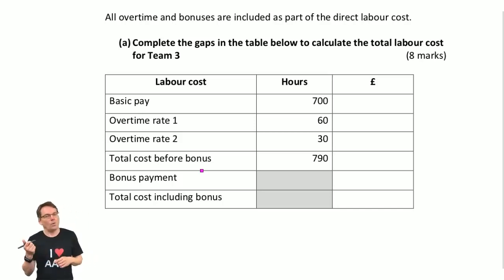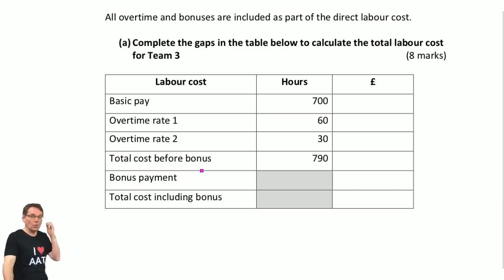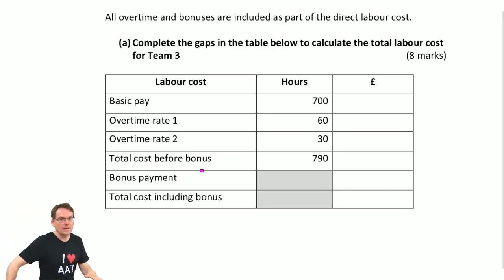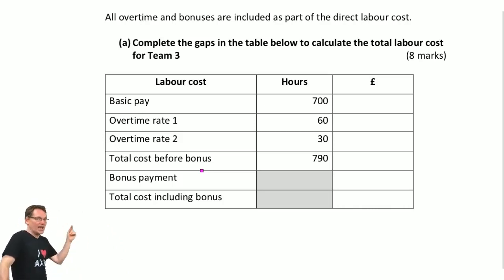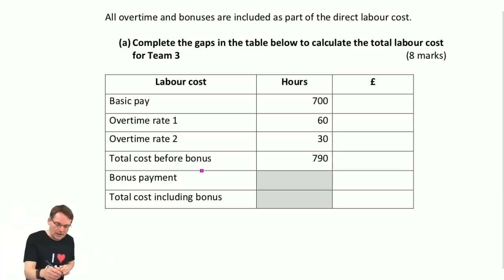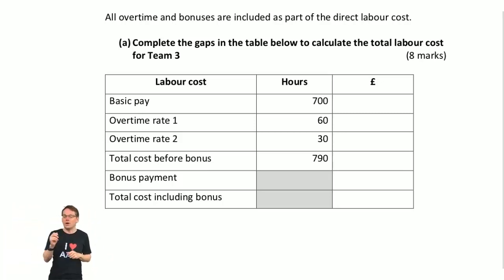Now, what you might get asked instead is it might say, first of all, just work out everything you need to pay them, and then out of that, how much extra is it for rate 1 and how much extra is it for rate 2. I'll illustrate that again when we go through it, but you need to read the question carefully.